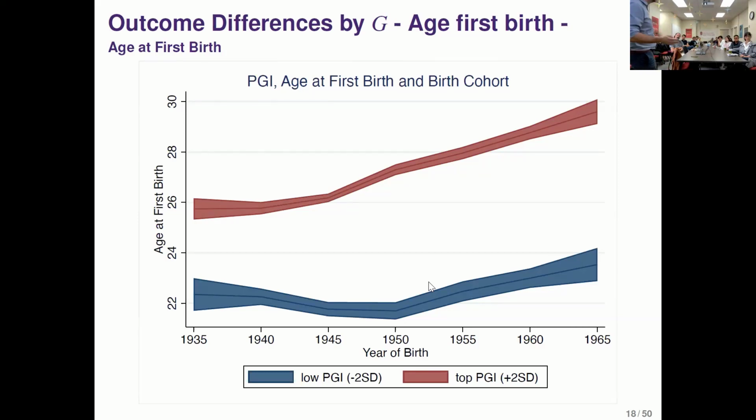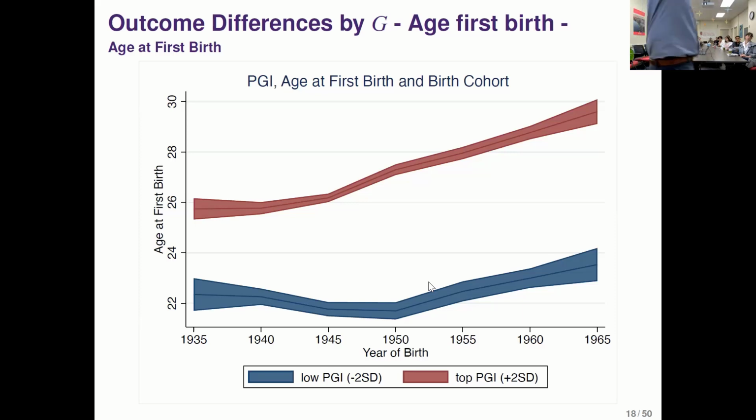So we look at the extremes, and at the behavior across year of birth. We also show in the paper that there's not much difference in the genetics across cohorts. So the PGI are almost stable across cohorts. So this is due to other factors, and we see a general increase of age of first birth, as we saw on the previous graph, but there's also a divergence between the two groups.